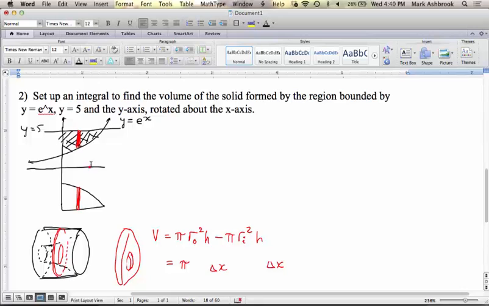So the outer radius will just be from our axis of rotation up to here, which is always 5. That's our outer radius. Our inner radius will always be from there to there, which is our y value of this curve right here, which is e to the x.